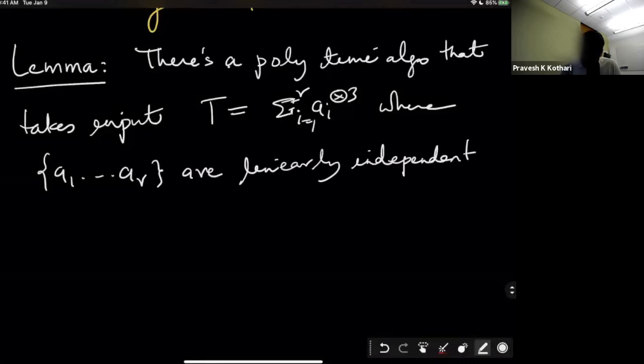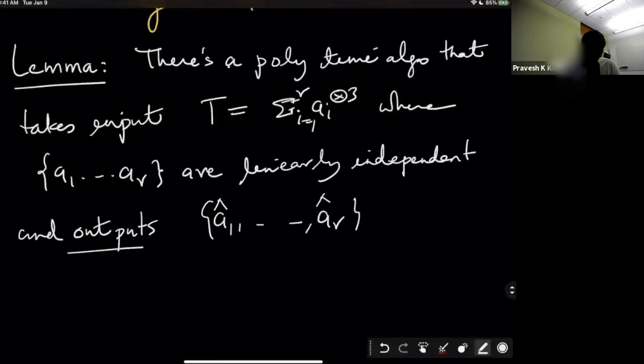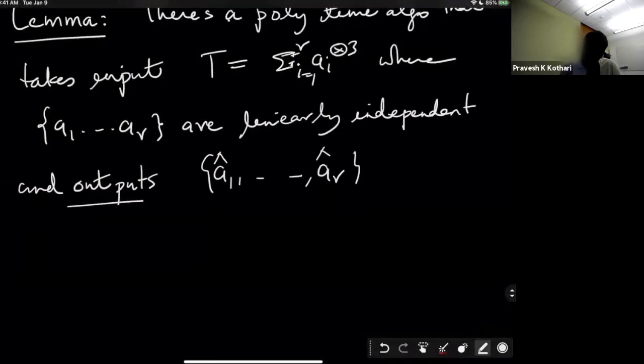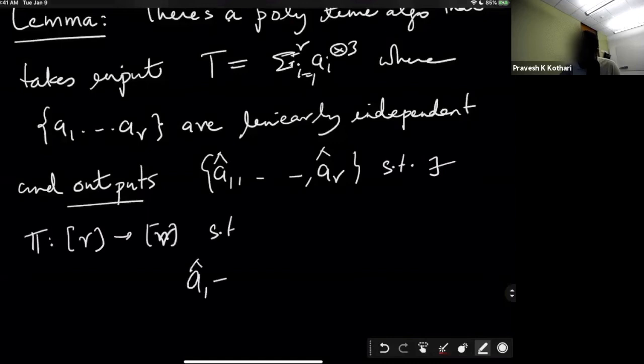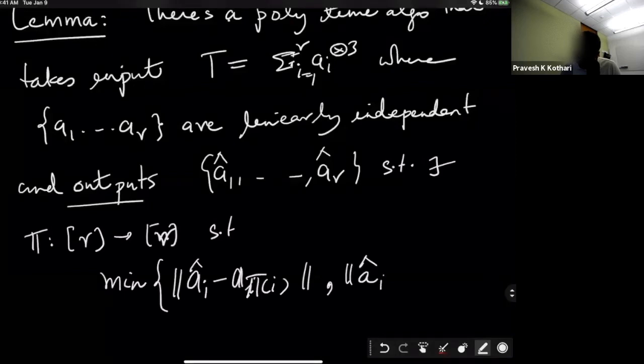So there's a polytime algorithm that takes input T and outputs â_1 through â_R such that there exists some permutation π from R to R such that the minimum of these two quantities, â_i minus a_π(i) and â_i plus a_π(i), is smaller than some epsilon.